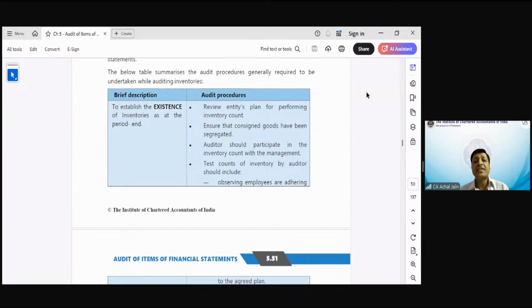Okay, now existence of inventory. For the existence of inventory, what do you do? Review the entity's plan for performing the physical count. Yeah, so that means that entire process of physical verification you'll have to consider.